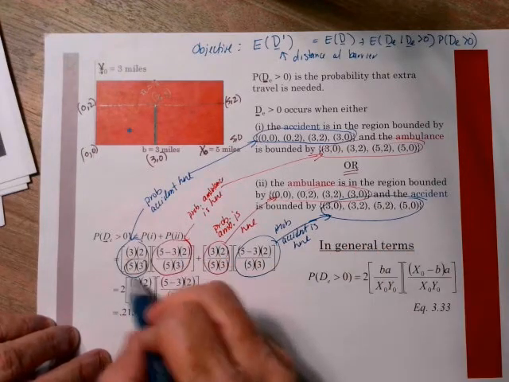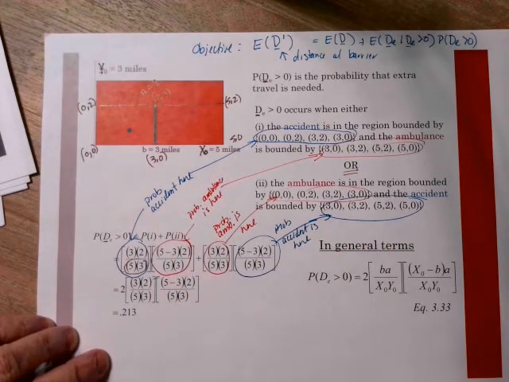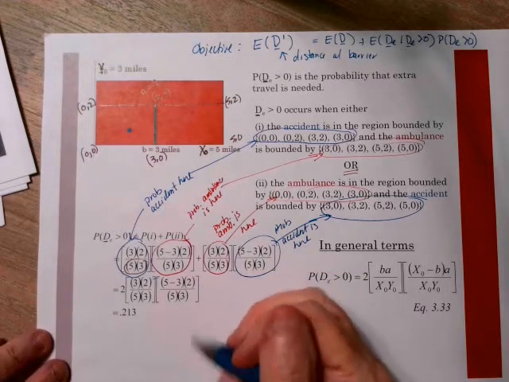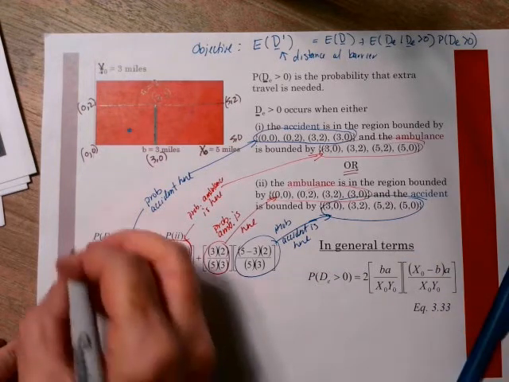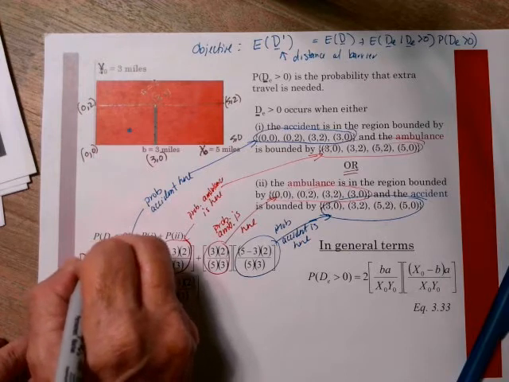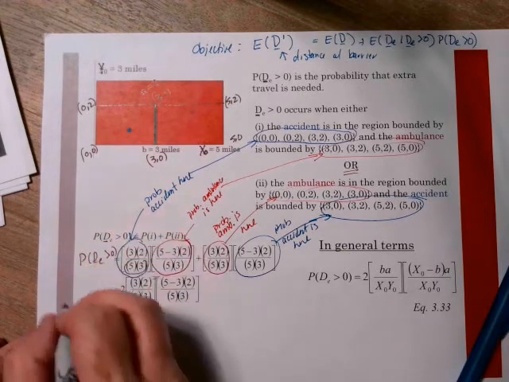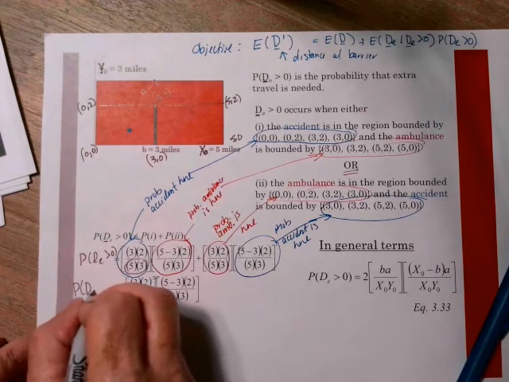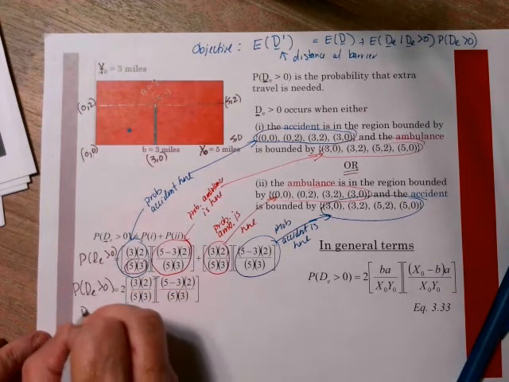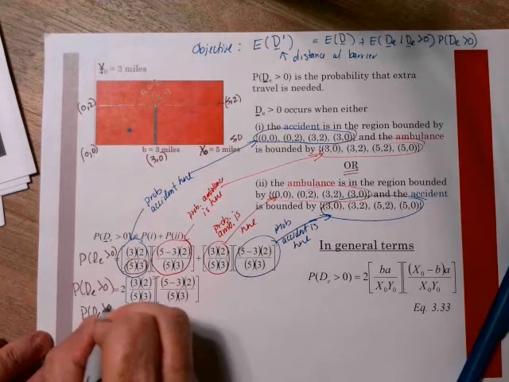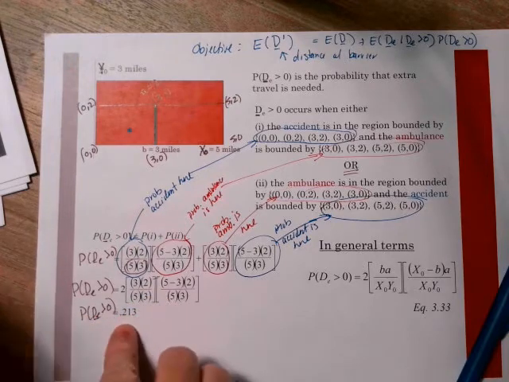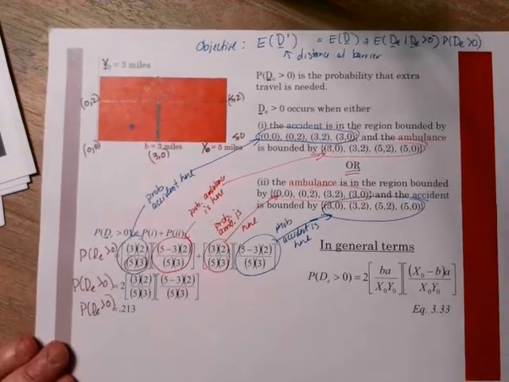It's just 2 times this term right here, and it works out to be 0.213. And I think I'm just going to carry this down so you can find it easier. Probability DE bigger than 0. So that's about 1 in 5 right there.